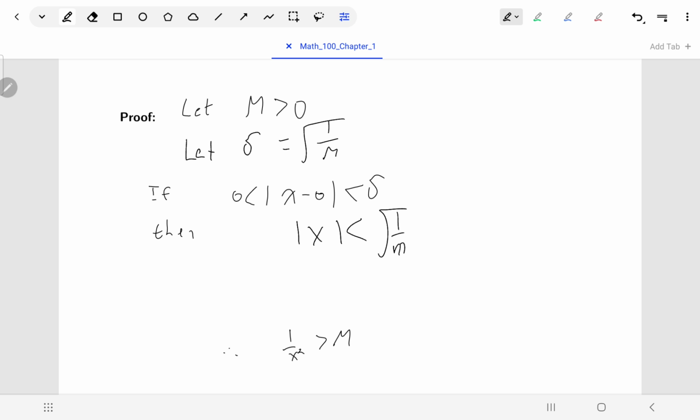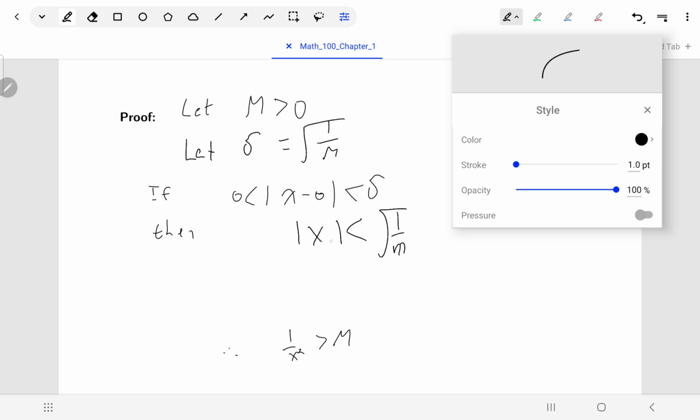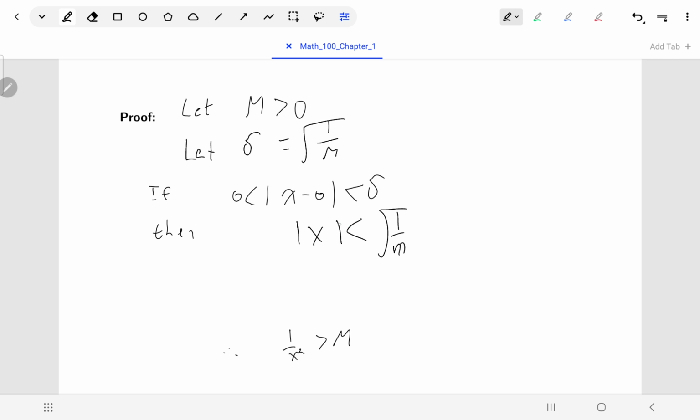And now the next part, I can say to myself, well, for sure, if I had this, with an inequality, since x is absoluted, it's going to be a positive number. 1 over m is going to be a positive number. I also know then that if I were to square the left side, that it would be less than squaring the right side.